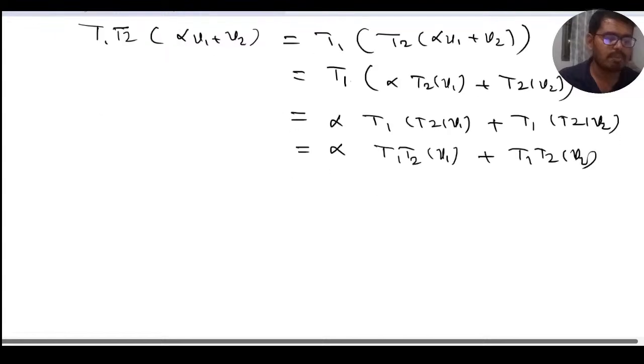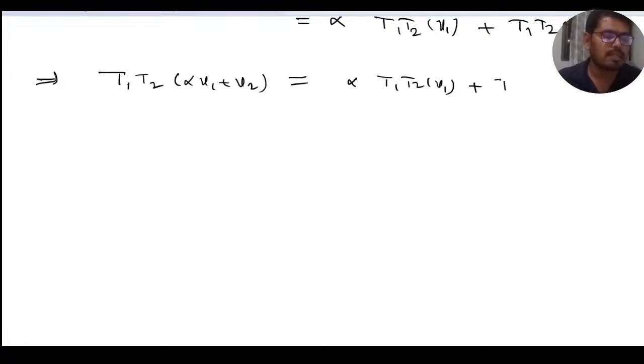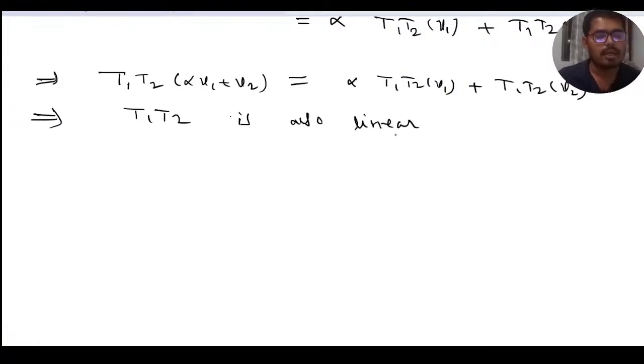This implies that T1 T2 of alpha v1 plus v2 is equal to alpha times T1 T2 of v1 plus T1 T2 of v2. This implies that T1 T2 is also linear. It is also a linear transformation.